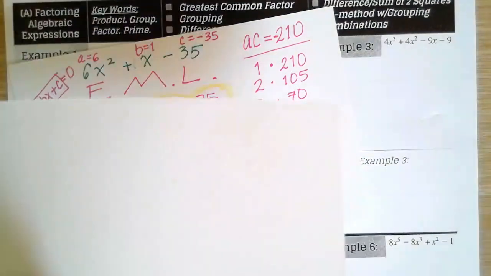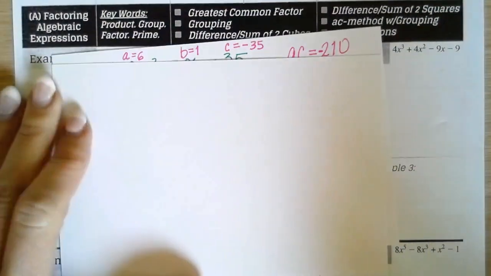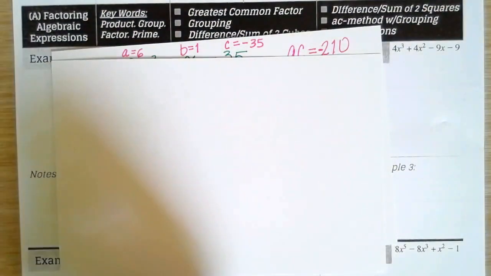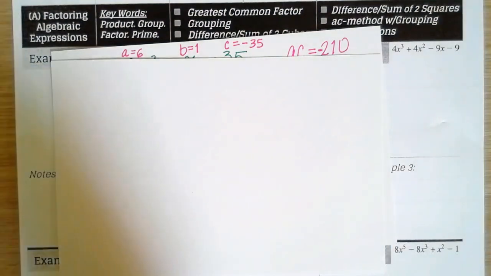Okay, now I'm going to throw in this other example right now. I'm going to make up something a little different than what we've done. So let's say we had x squared. Okay, let's see.